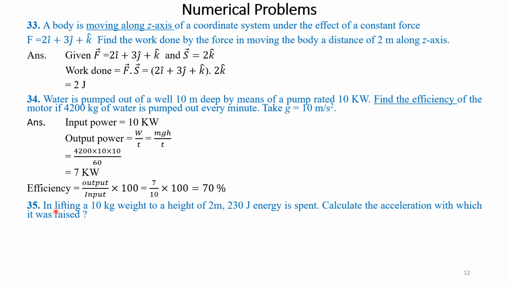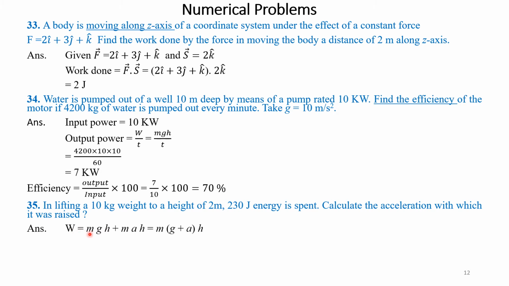Question number 35. In lifting a 10 kg weight to a height of 20 meters, 230 joules energy is spent. Calculate the acceleration with which it was raised. So answer.